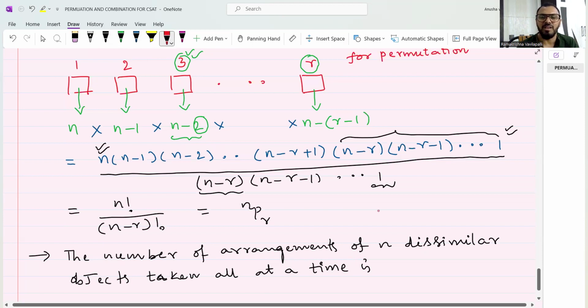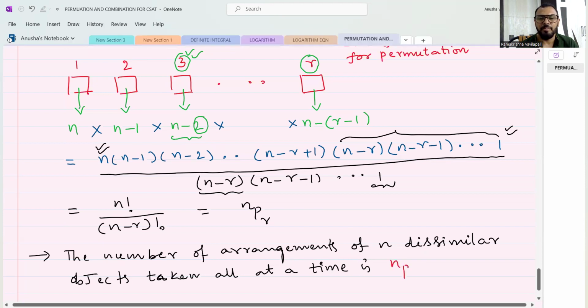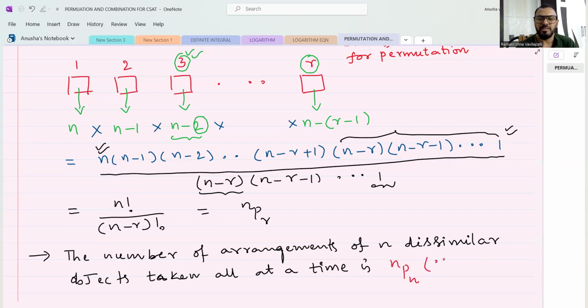Right? Here r equal to n. So we get nPn, as we are choosing all, since r equal to n. This nPn is nothing but n factorial.